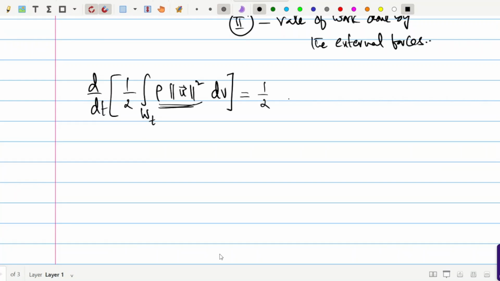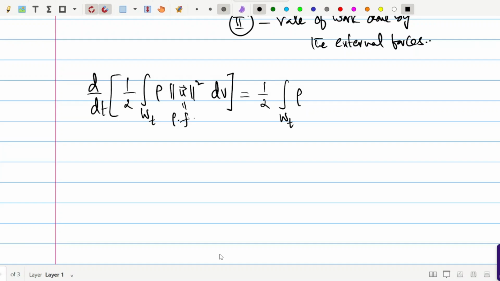Now you apply your transportation theorem. This becomes the integral of rho into D, the material derivative, of F, where F is norm u whole square, divided by Dt, dV.